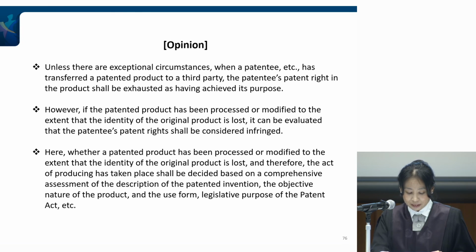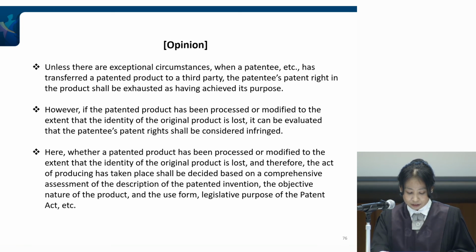Here, whether a patented product has been processed or modified to the extent that the identity of the original product is lost, and therefore the act of producing has taken place, shall be decided based on a comprehensive assessment of the description of the patented invention, the objective nature of the product, the use form, the legislative purpose of the Patent Act, and so on.